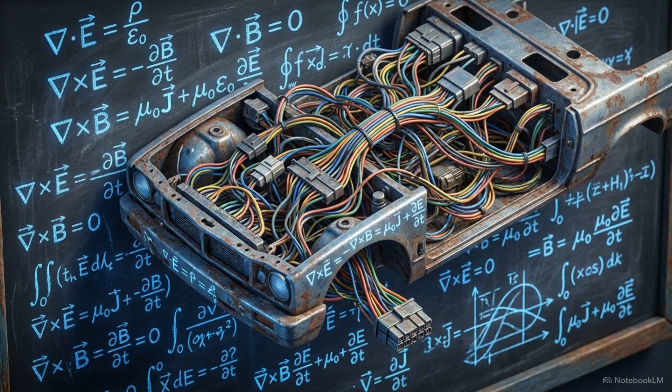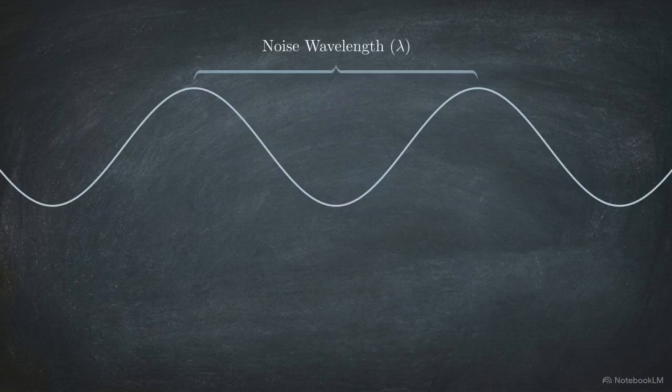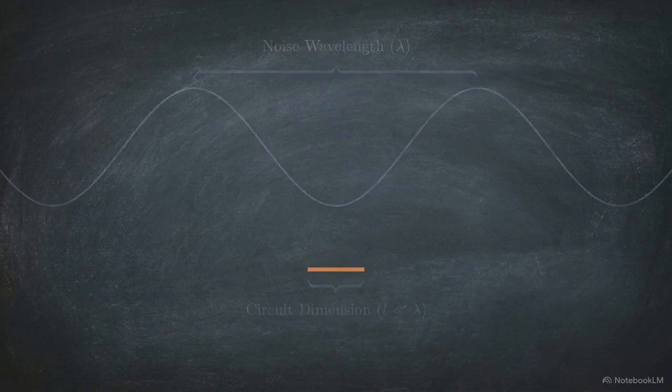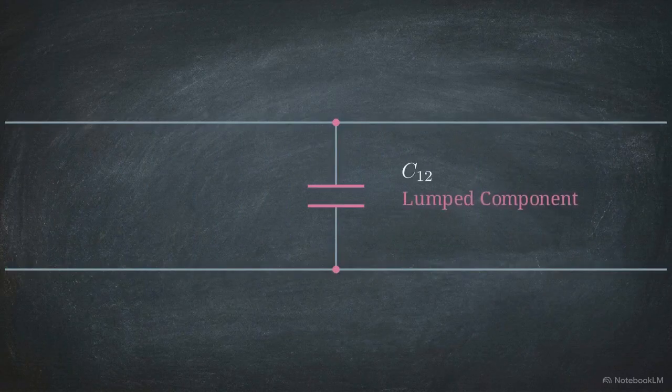Trying to map out a three-dimensional wire harness using Maxwell's equations across three spatial dimensions and time is analytically impossible for most real-world problems. We can bypass that complex math using a specific approximation. As long as the physical dimensions of the circuits are small compared to the wavelength of the noise, we can model the empty space as a lumped component network, replacing invisible fields with standard schematic components.